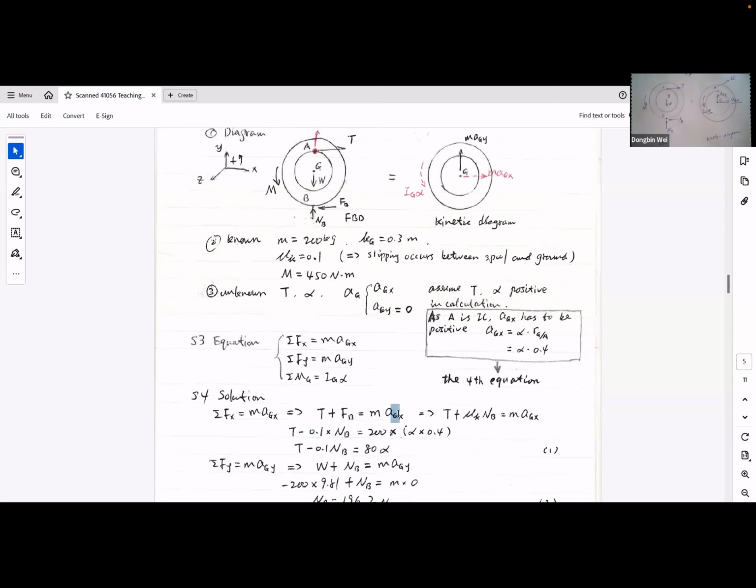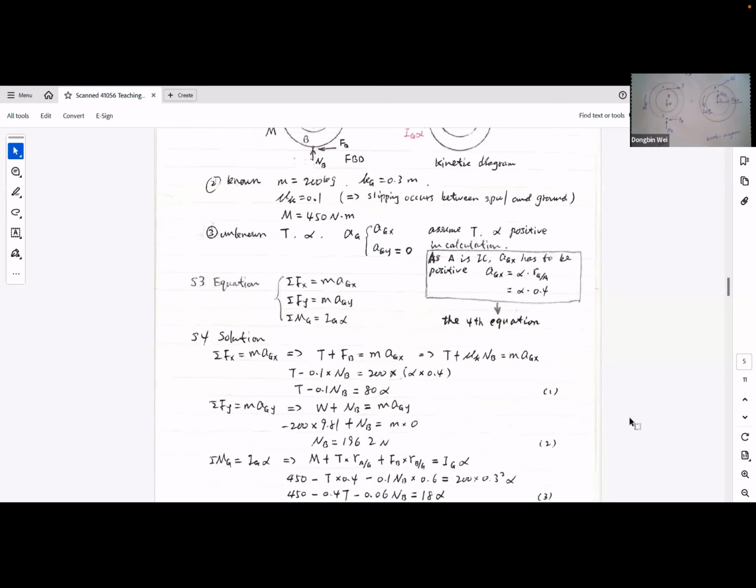On the right side, we have AGX, but we already know AGX can be expressed using alpha. And AGX in this diagram should be to the right side if alpha is assumed positive counterclockwise. So AGX should be positive. And that's the first equation.